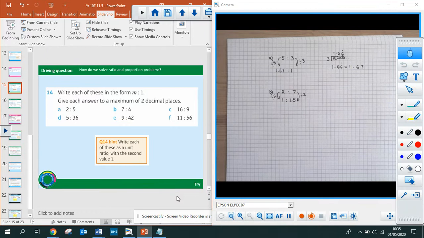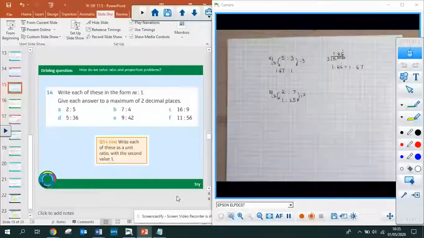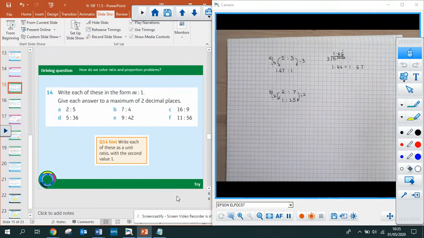I picked the smallest number, but this time it has told you that the second number has to be 1. So it doesn't matter which one's bigger or smaller, the second number must be 1 in your answer here. So whichever one is second in your ratio is the one that you're going to be dividing to get to 1. So please pause the video and play when you're ready to go through the solution.